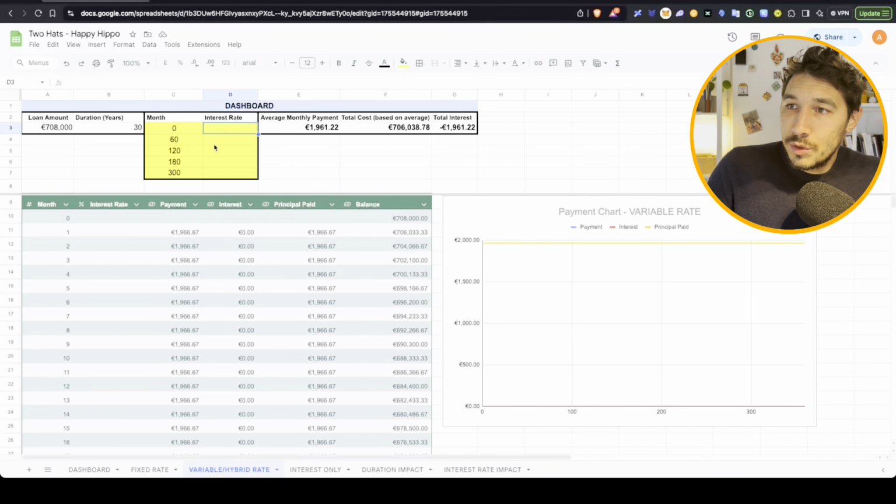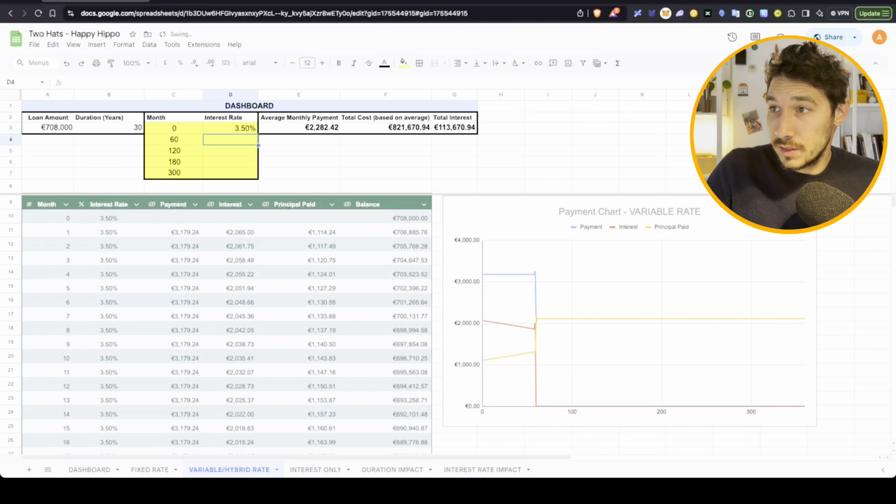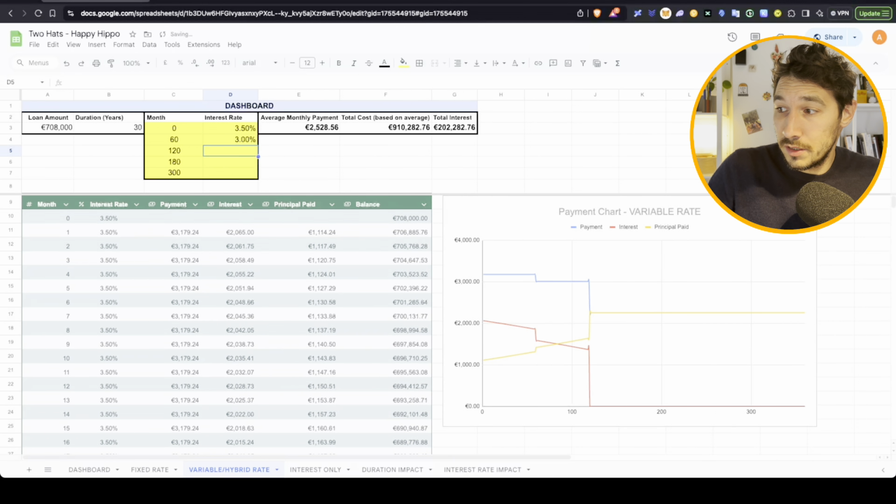Here on the dashboard, you can see that we are able to modify the interest rates and make some sort of simulation for the entire length of the loan. So we'll say at month 0, we will start with 3.5% as the fixed rate before. After 5 years, we will be, let's say, with a hopefully decreasing rate, 3%.